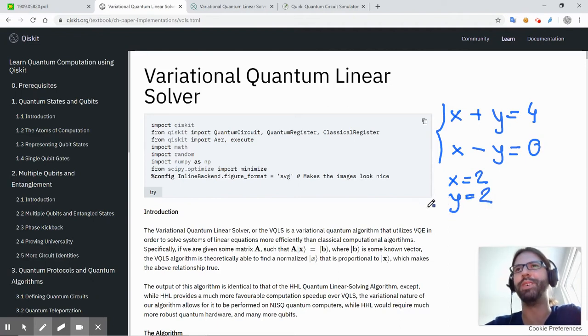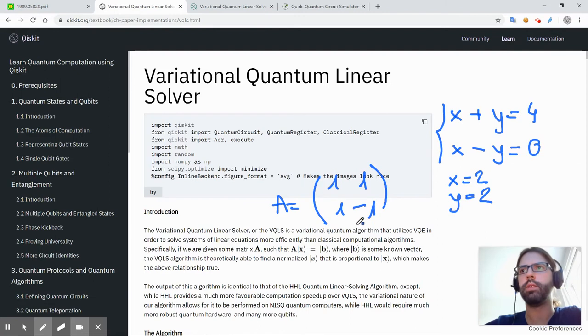I hope so. Yeah. And so in this case, I guess A would be 1, 1, 1, minus 1. And that's awfully close to some quantum gate, I think. Is it the Hadamard gate? And the Hadamard should be still normalized.